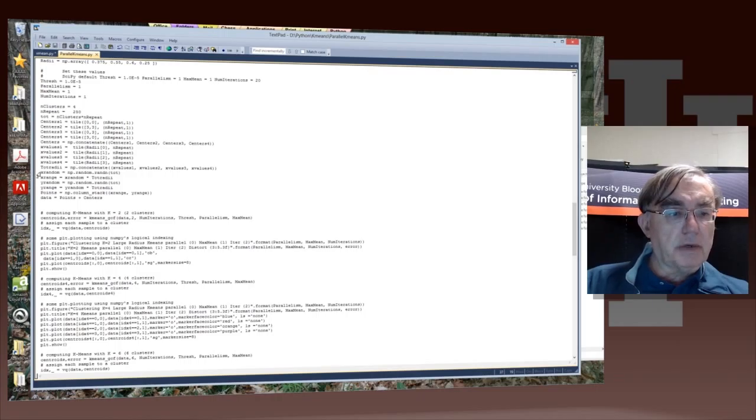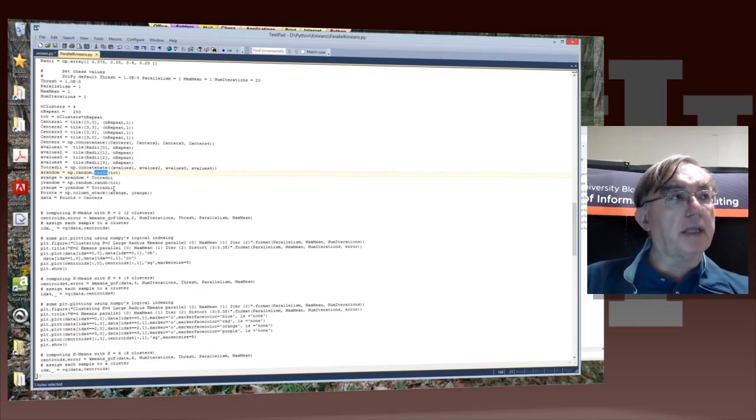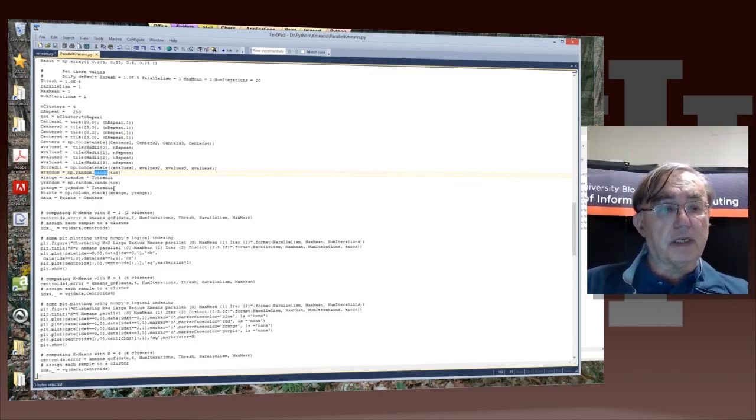And here we generate 1,000 values for x, which is x random, and 1,000 values for y, which is y random, and randn is the Python function that generates a random number which is Gaussian distributed, namely with a standard deviation of 1.